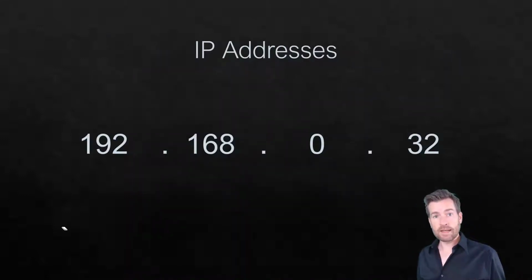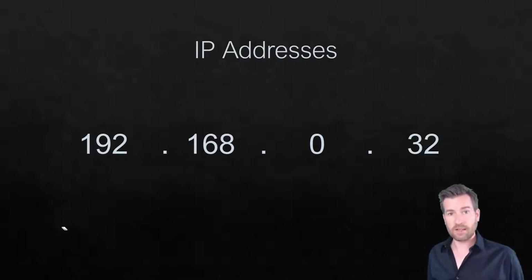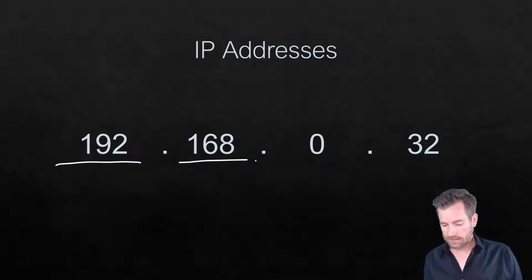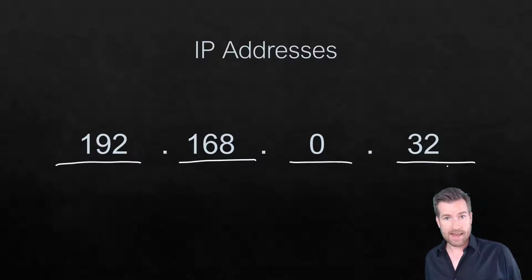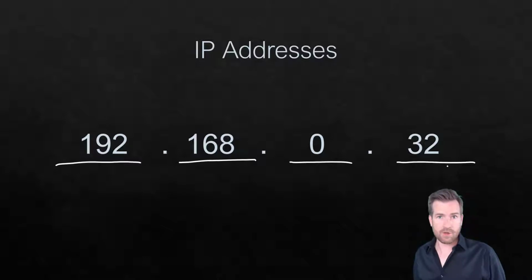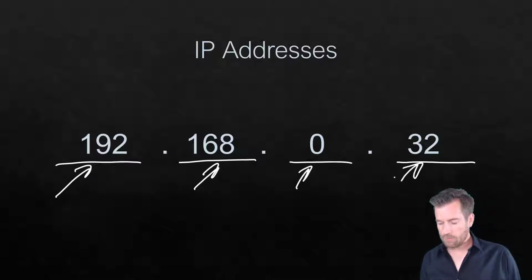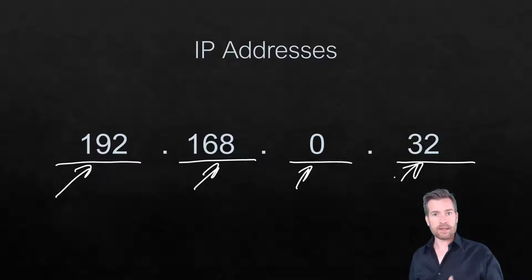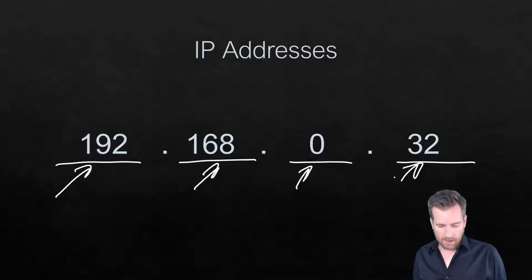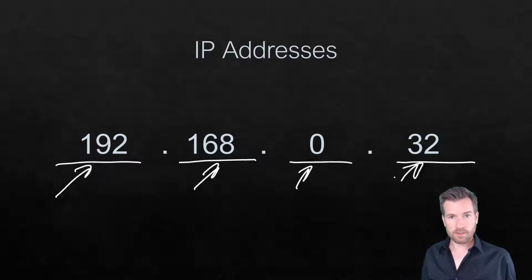So before we get into the different RFCs around IP addressing, let's first of all take a look at an IP address in itself. The IP address is 4 octets. An octet would be 8 bits, which we also know as a byte. So in this example right here, we have 8 bits, 8 bits, 8 bits, and 8 bits. And of course, we don't put that into ones and zeros because that's not what we typically work with.